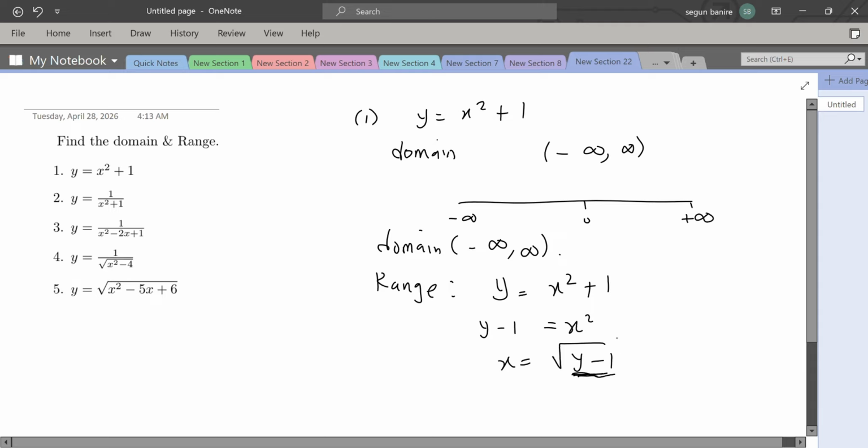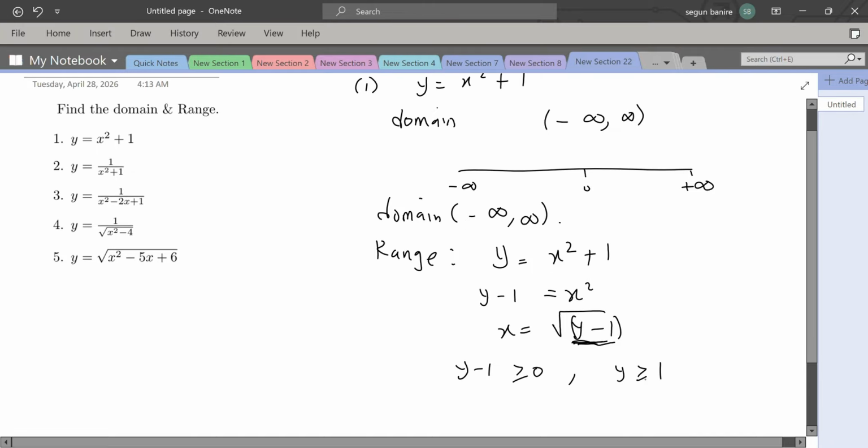This is a square root function, so inside the bracket we have to ensure that we don't have a negative value. So y minus 1 must be greater than or equal to 0. With that, y is greater than or equal to 1.